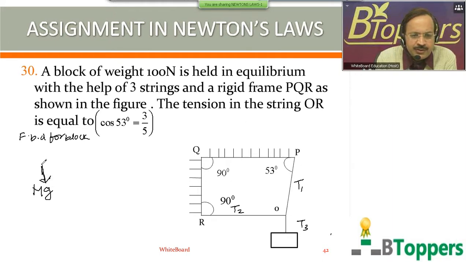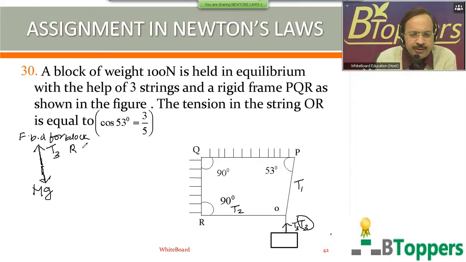The second one is the tensional force by the third string on the block. T3 represents the magnitude of the tensional force exerted on the block by the third string, which acts along the third string and away from the block. That is vertically upwards. The weight of the block acts downwards.